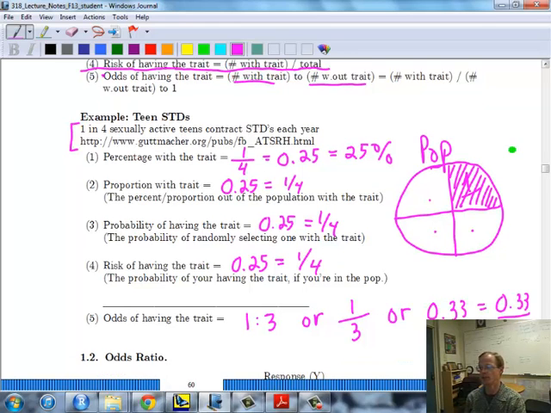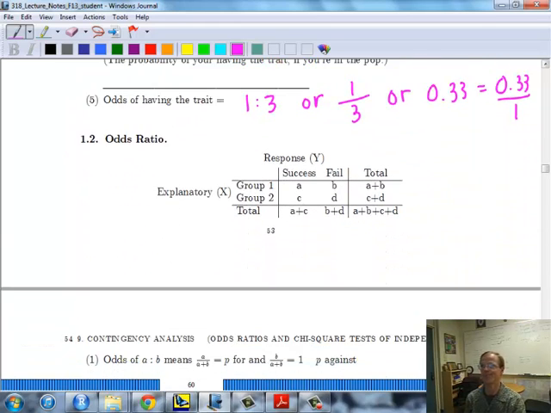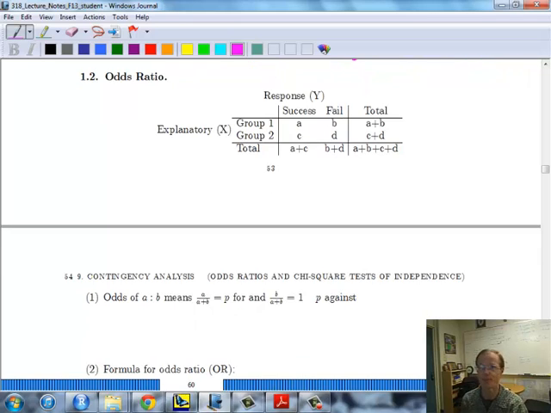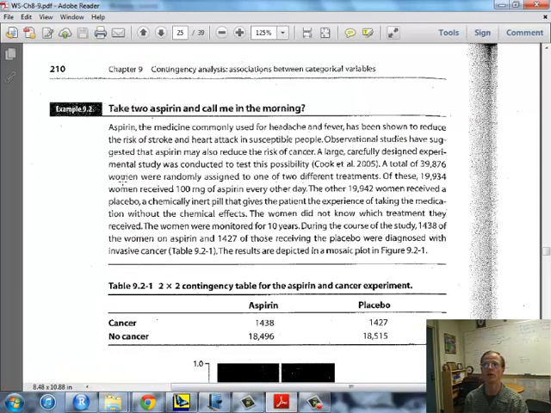So let's get into the odds ratio where things start to get more interesting. Start off with an example here from Whitlock and Schluter on page 210. In this example, we have 2 groups. We've got a group of women who were given an aspirin every other day and a placebo every other day. They were tracked for 10 years, and it was recorded whether or not they had cancer.